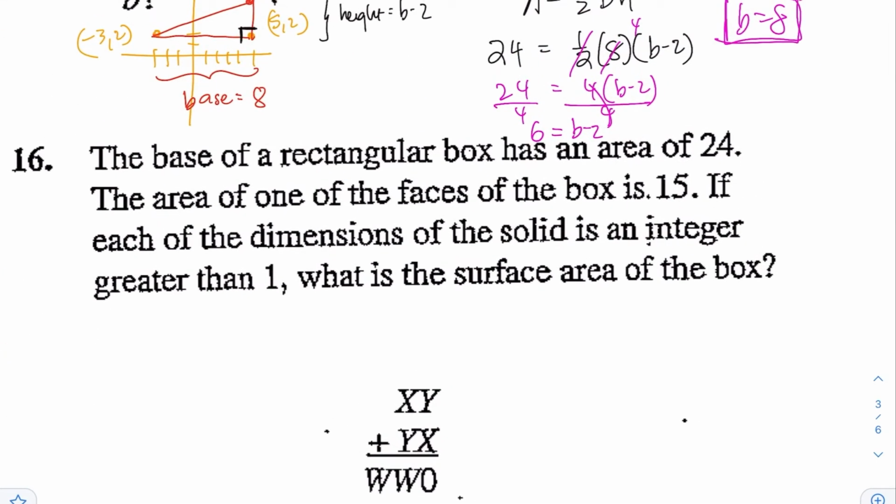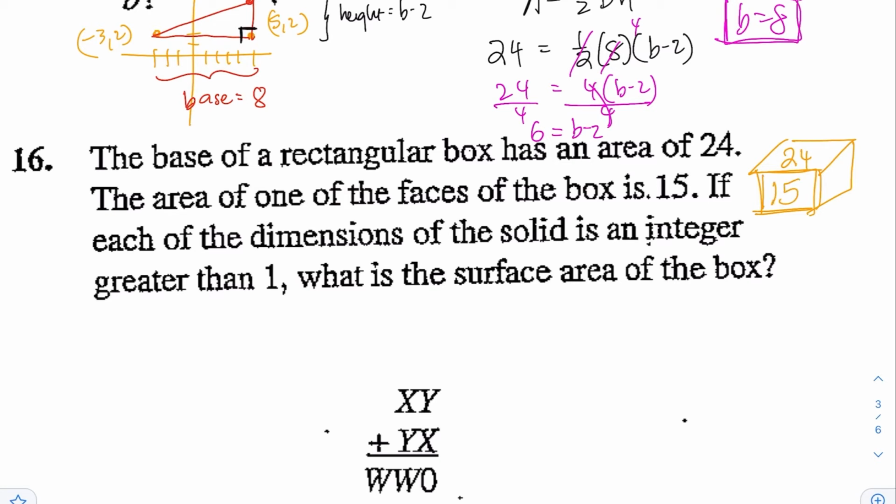All right, next for number 16, the base of a rectangular box has an area of 24. The area of one of the faces is 15. If each of the dimensions of the solid is an integer greater than 1, what's the surface area of the box? So we just draw a box here. And you know that one of them, the base, or also the lid, has an area of 24. And one of the faces is 15. So let's say it's that one.